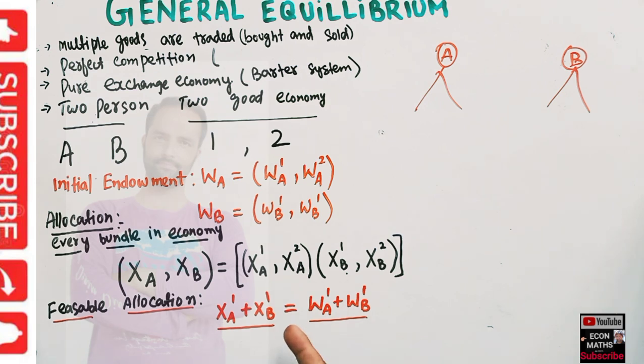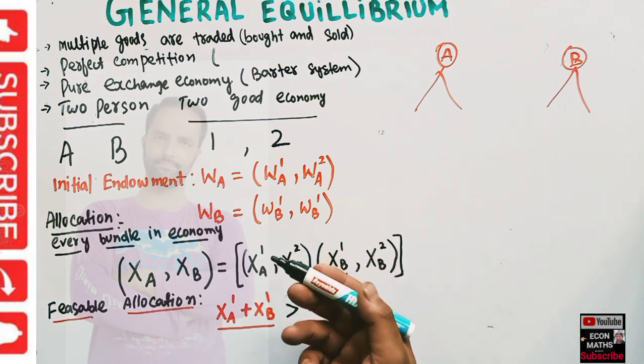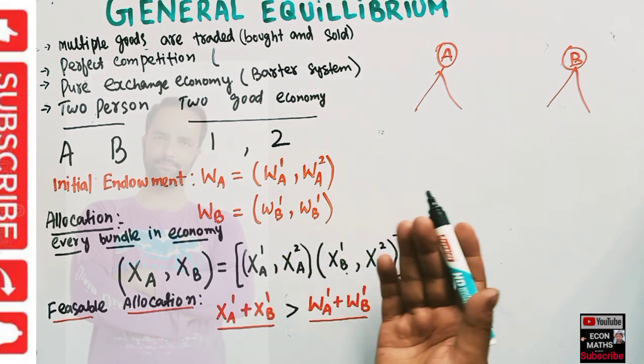So why is there this equality sign? We could have had an inequality, but it does not hold here. Why? Because we are assuming that persons have some initial endowments. They have something with them.